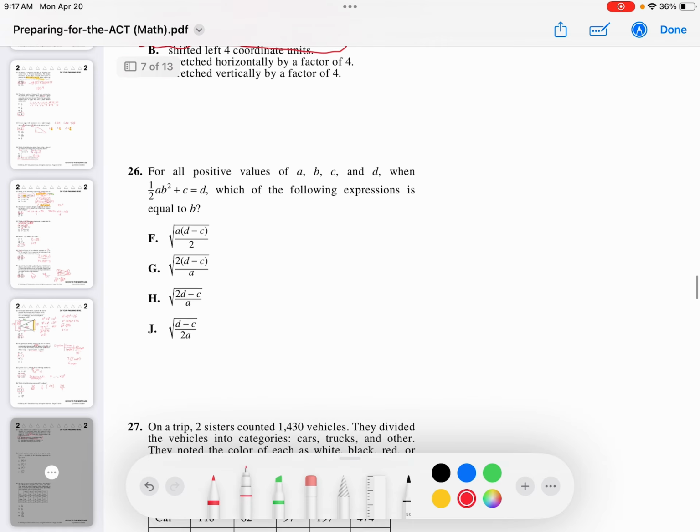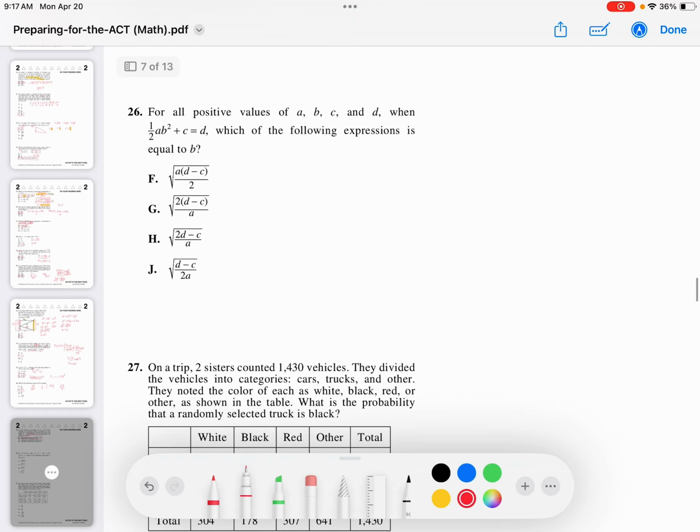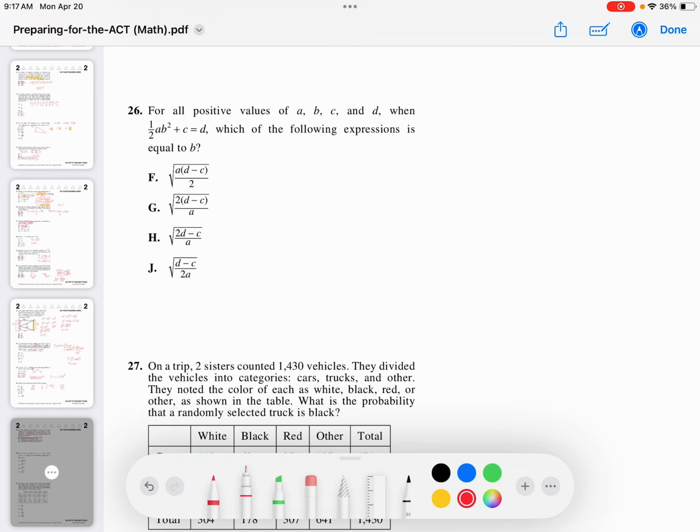For all positive values of a, b, c, and d, which of the following is equal to b? We've got 1/2 a b squared plus c equals d, and our goal is to get b equals whatever. Let's subtract c first. That'd be 1/2 a b squared equals d minus c.